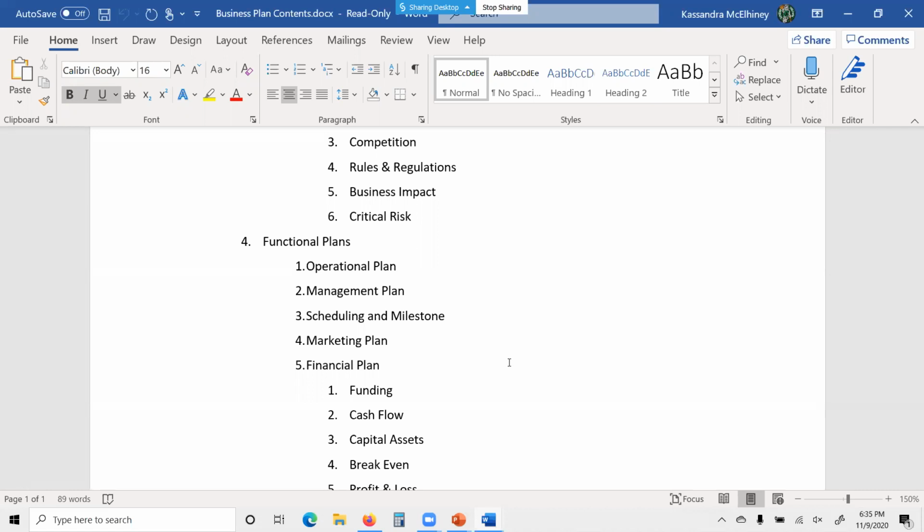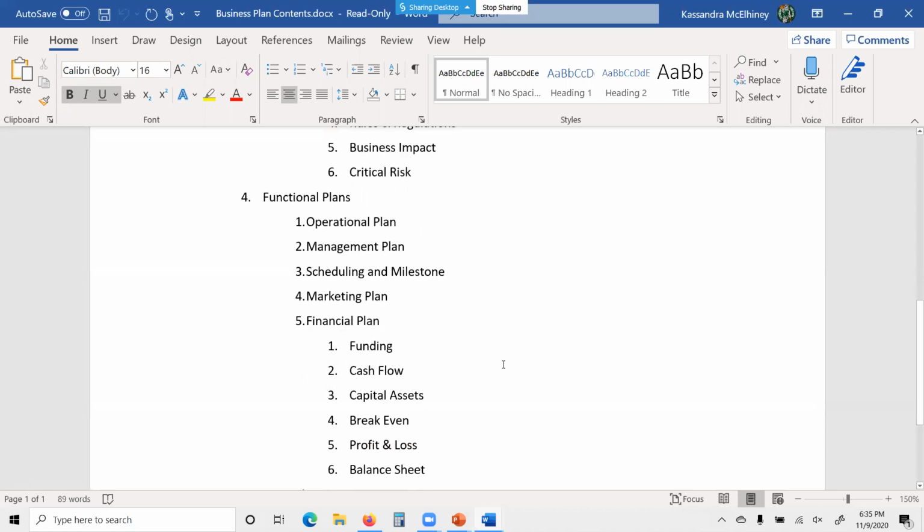Marketing plan is very important, as is the financial plan. And specifically for the financial plan, what's presented is our sources of funding or our desired sources of funding, and projected financial statements, which are cash flow, profit and loss, and balance sheet.